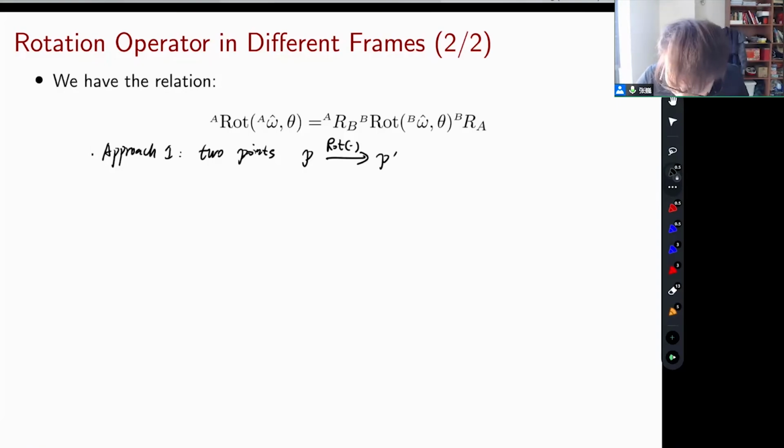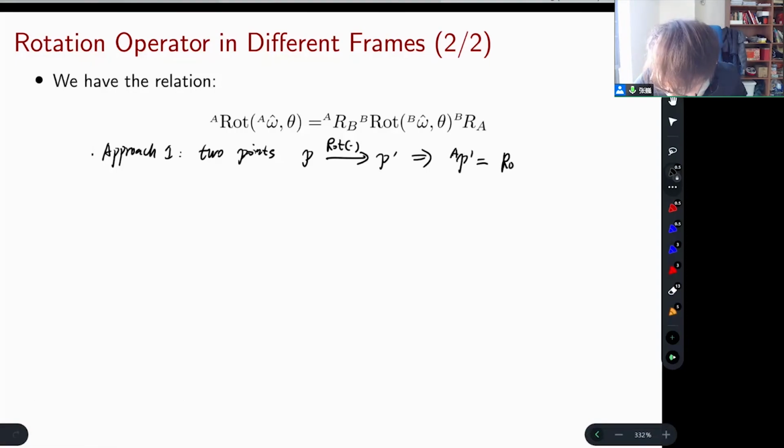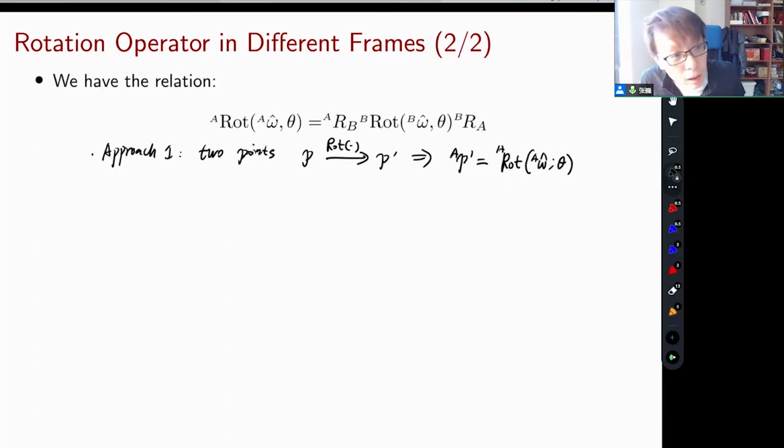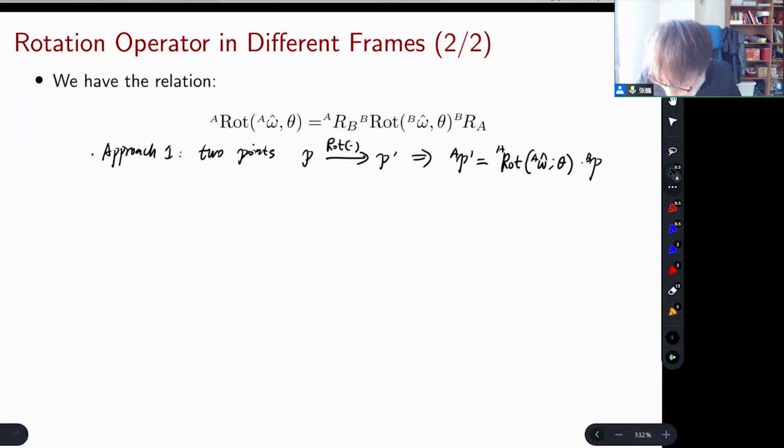So in frame A, P prime A should be the rotation operator, let's say about omega hat A by theta degrees, applied to P. It's a little bit awkward, meaning I use the A frame to describe this physical law. Everything is in A, from P to P prime.